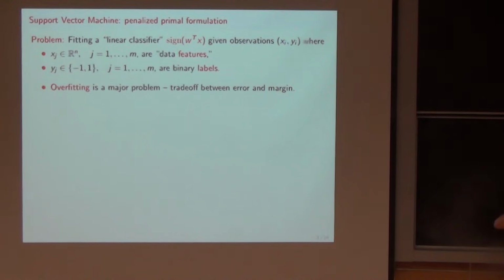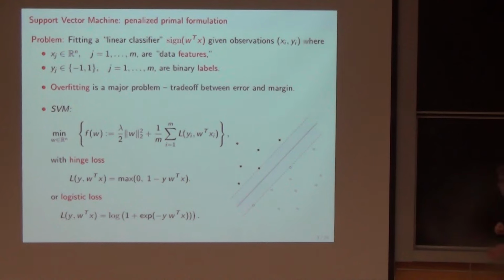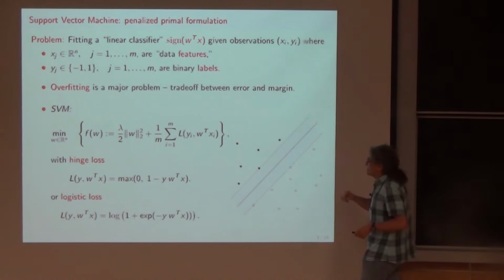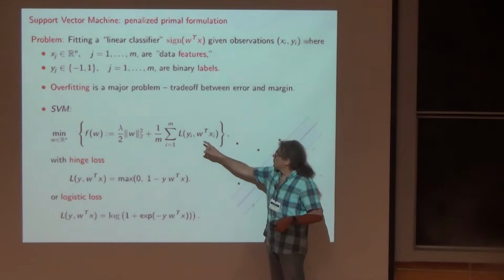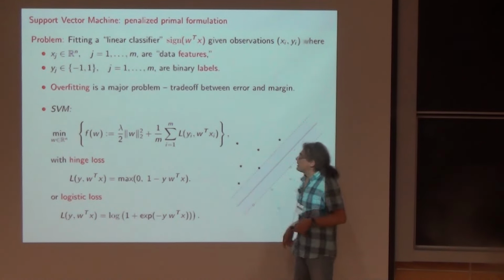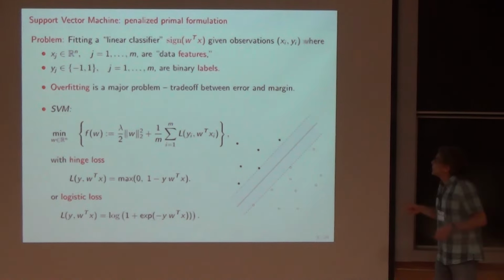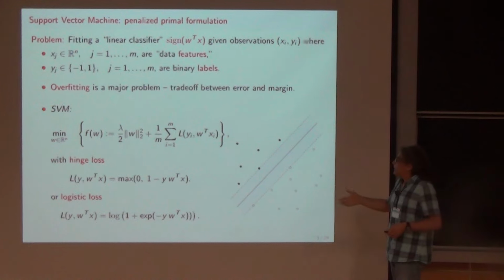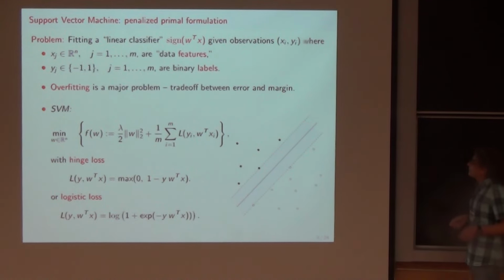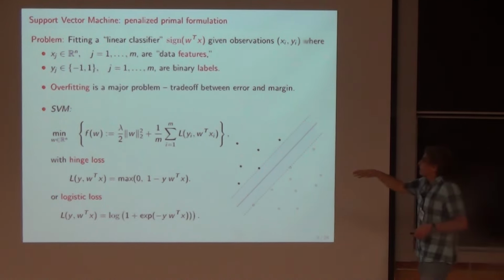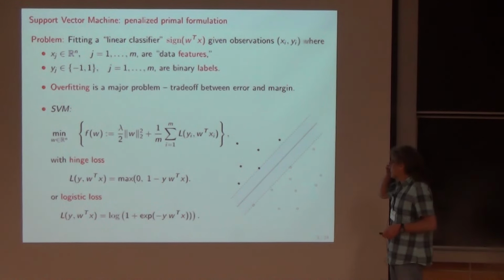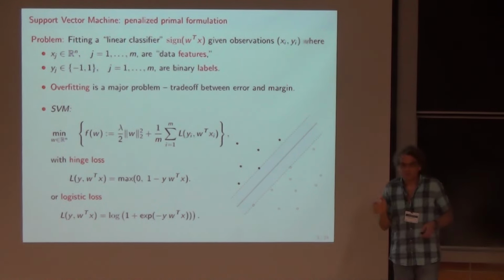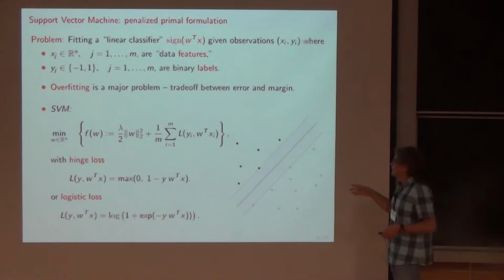You have a part of the criterion you want to optimize to find your classifier W, which will depend on fitting the data, so correctly classifying the points, and then you have to penalize to avoid overfitting. I'm sorry, I'm speaking about trivial things, but okay.